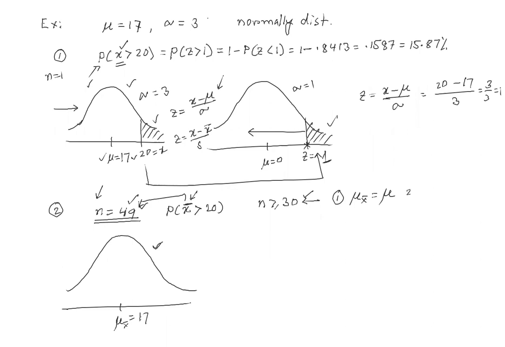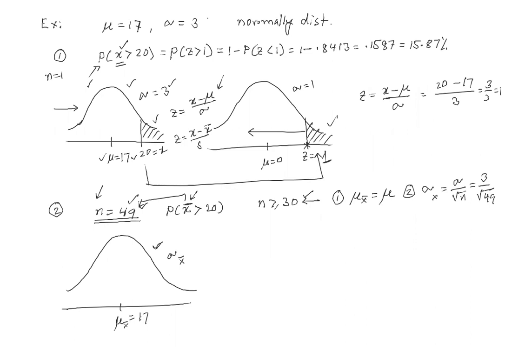And number 2 conclusion, sigma sub X bar, that's the standard deviation of this sampling distribution, is equal to sigma over square root of the sample size. In our case, sigma is 3 divided by square root of n, which is 49.